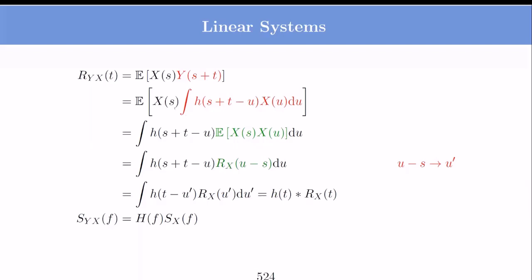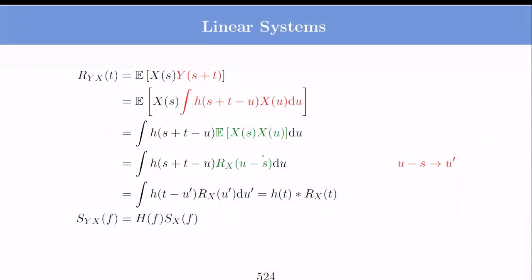Now I can take the expectation inside, and in that case you can see x(u) and x(s) are the only terms which are random. So this will become the integration of h(s plus t minus u) times the expectation of x(s) x(u) du. Now, because X is a stationary process, this expectation would be nothing but R_x(u minus s).